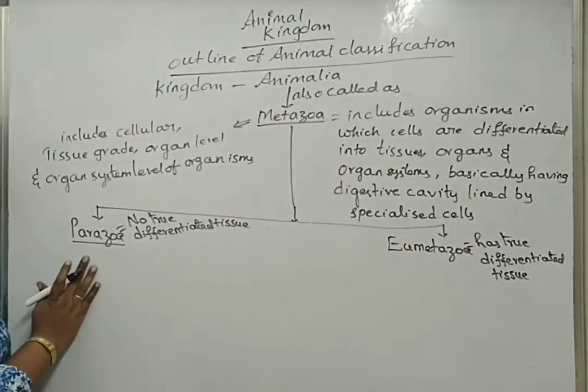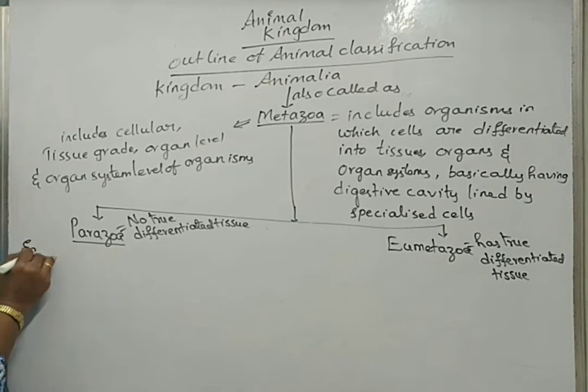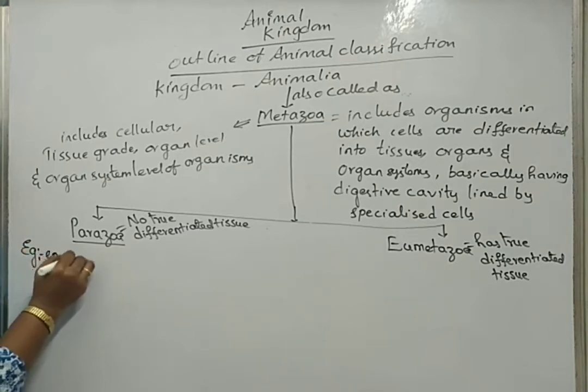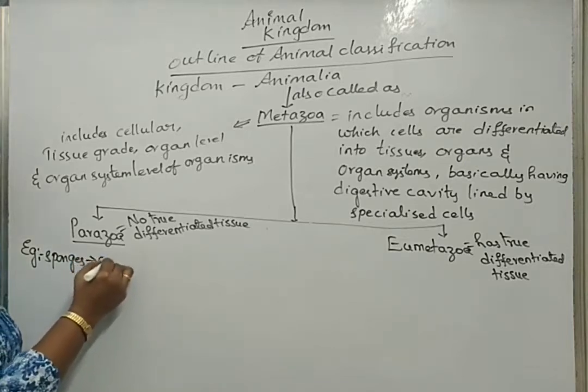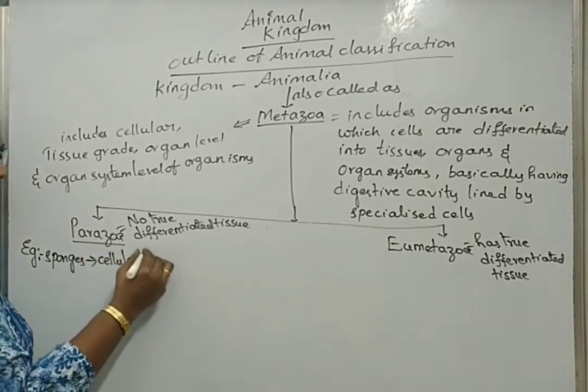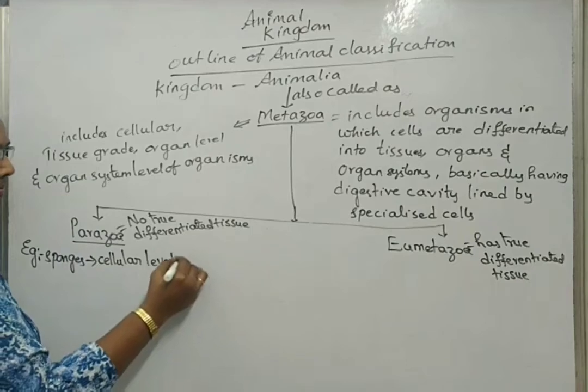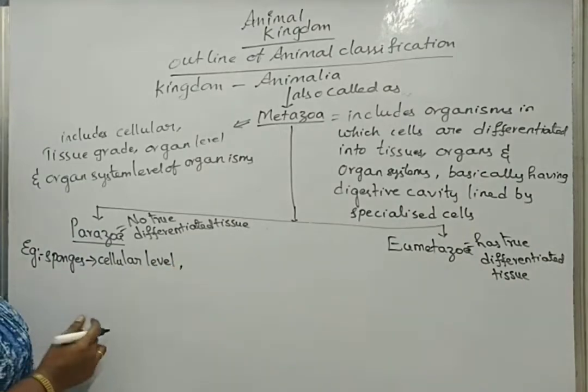Under parazoa, the examples taken are sponges. So we can say sponges are cellular level organisms.